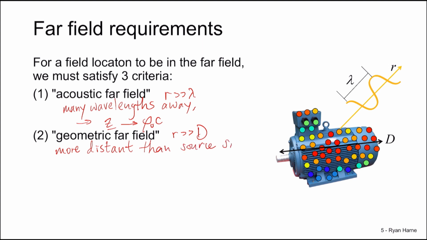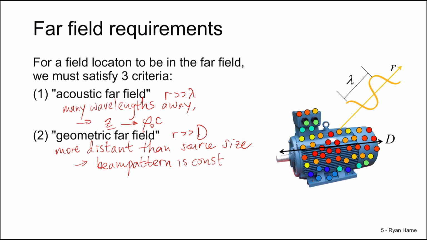The interpretation and significance of the geometric far field is that the beam pattern is now constant. In other words, when we are closer than the geometric far field, radial changes in R would actually fluctuate the beam pattern, but in the geometric far field, the beam pattern is constant.